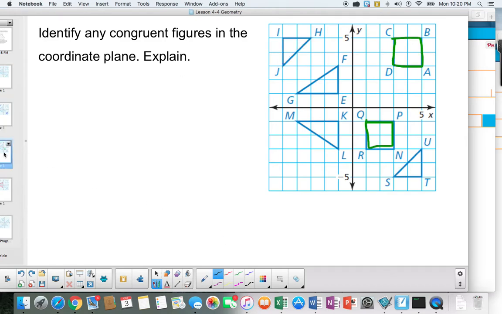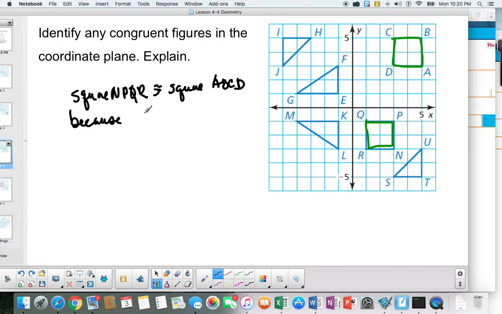Let's take a look at these green squares. We can see that square NPQR is congruent to square ABCD because of a translation. In this particular translation, I think we can identify it.